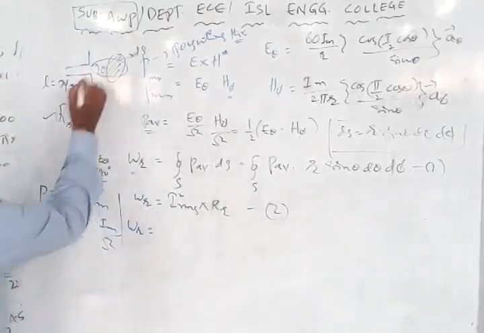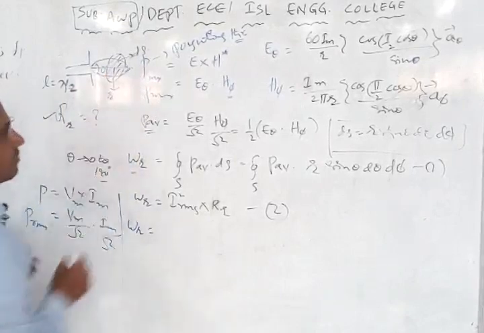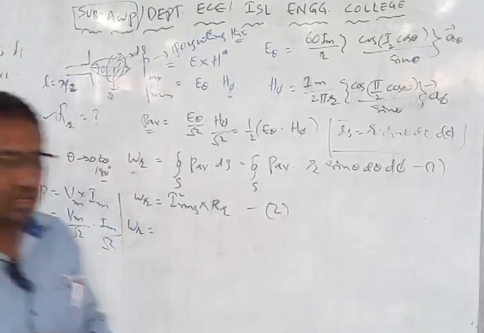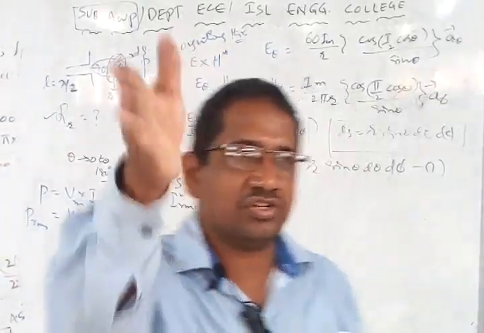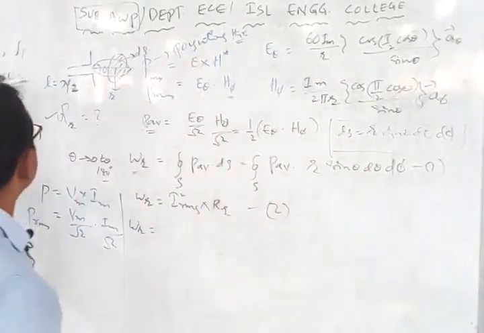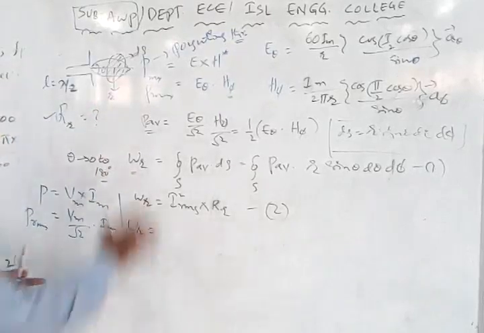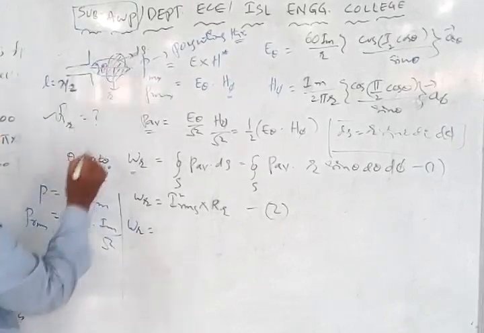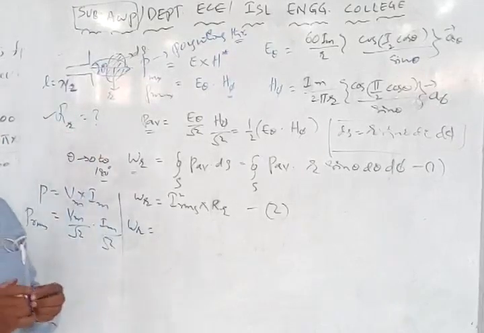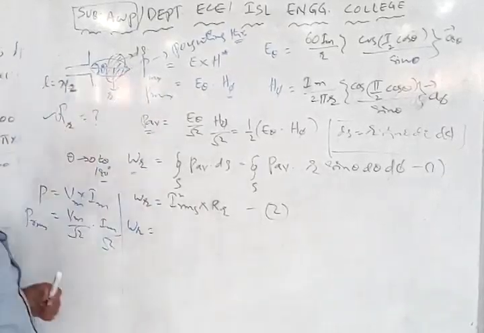Now imagine that the antenna is going to radiate along the axial direction. When the antenna is radiating the signal along the axial direction, we will keep this R as constant. Only two parameters will be there for us, one is theta, another one is phi. Phi we consider uniformly varying, and R is going to be the fixed one.